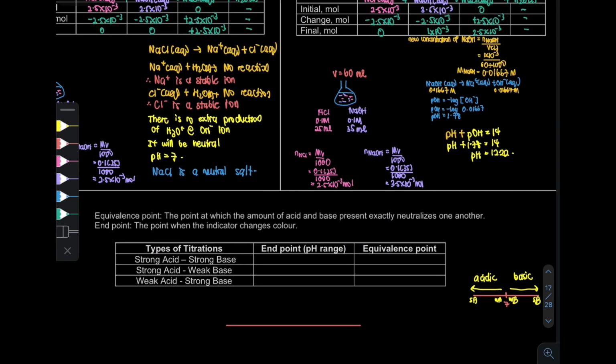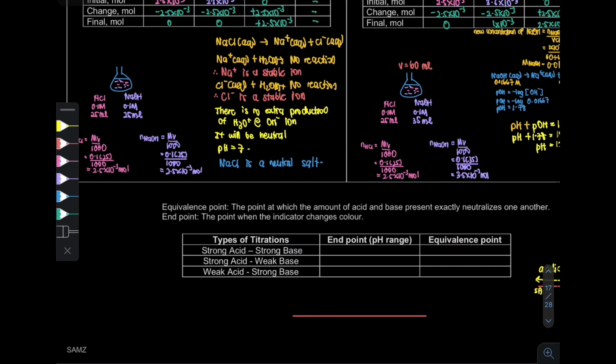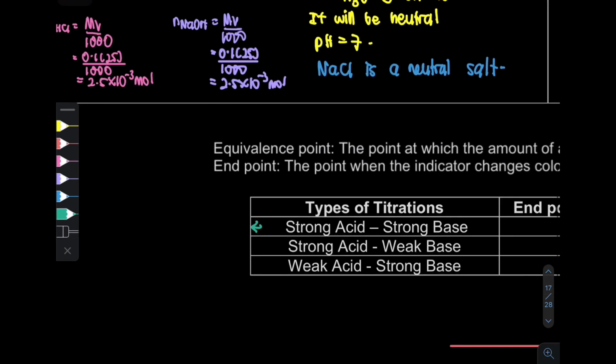Okay. So, but then this one I just want to remind you again. This is strong, if you remember from salt hydrolysis, strong acid and strong base will form a neutral salt. This is my neutral salt. If strong acid and weak base, we look at, for example when there is one strong and one weak, the type of salt we're going to look at is based on which one is the stronger reagent.